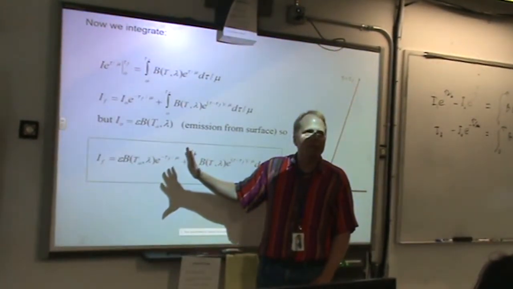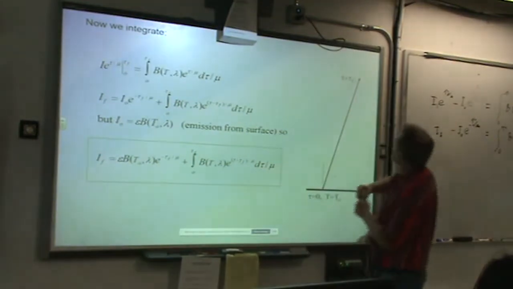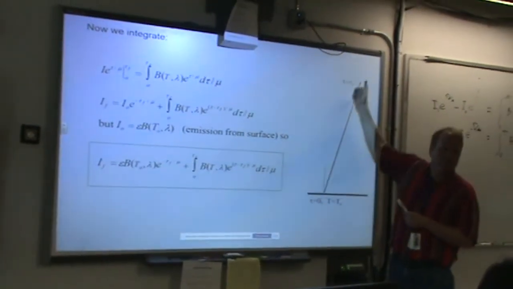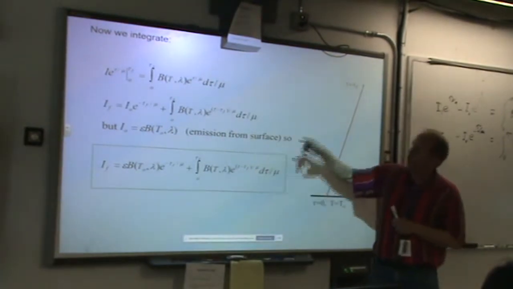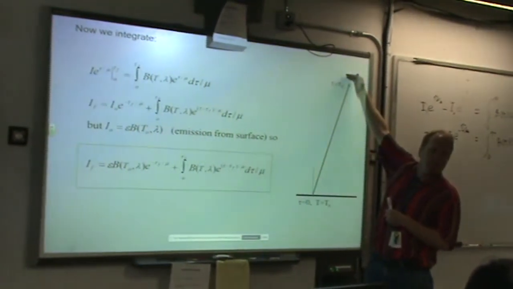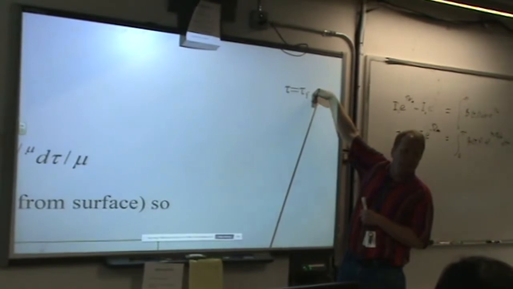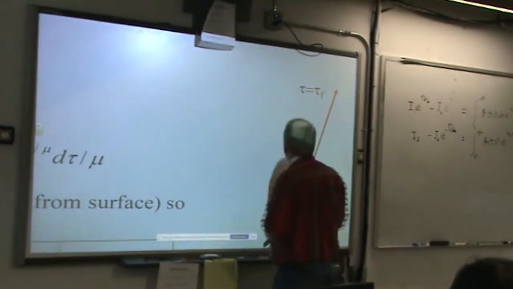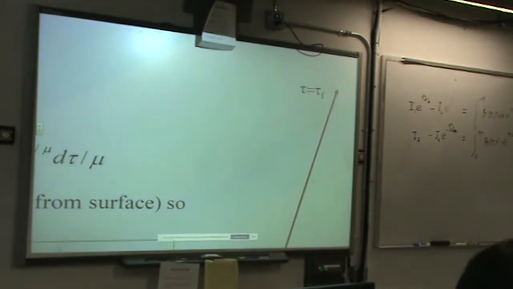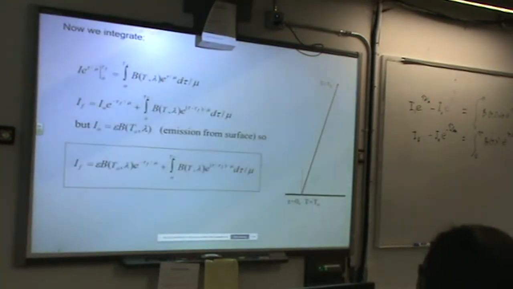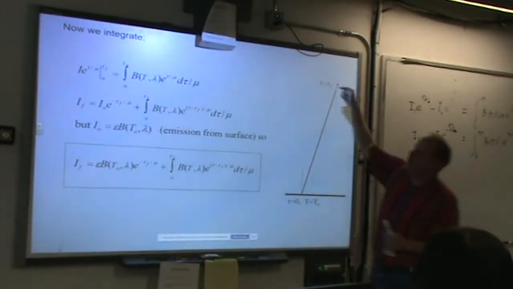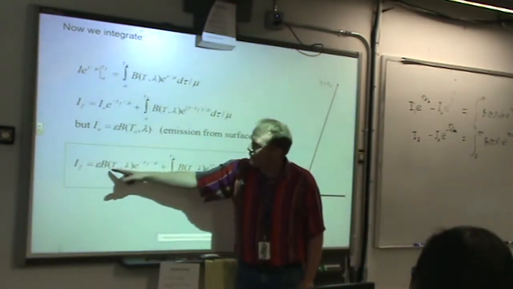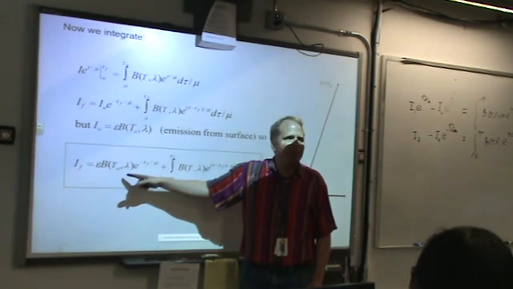Before I do that, let's make sure we have the stage set. We're up here at a satellite, we're looking down at the surface. This equation is what we're going to see from the satellite, looking down. Okay? So if we're looking at the surface from the satellite, we're going to see this amount of light is emitted from the surface.